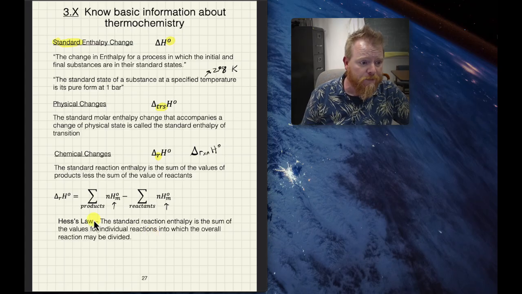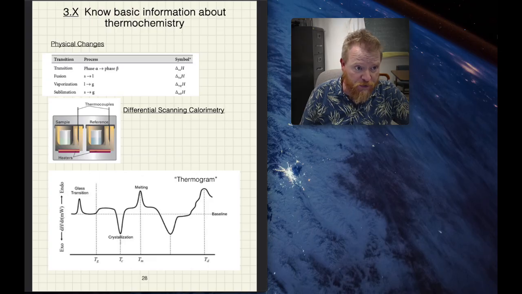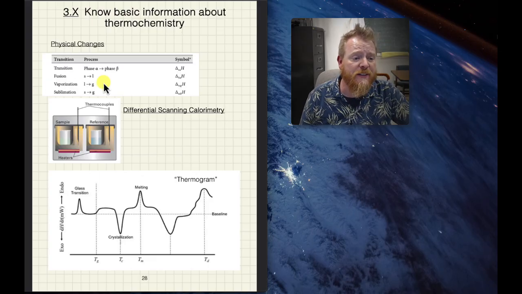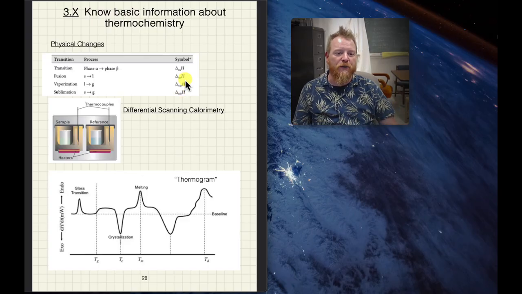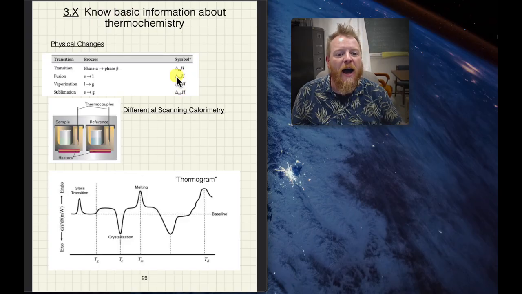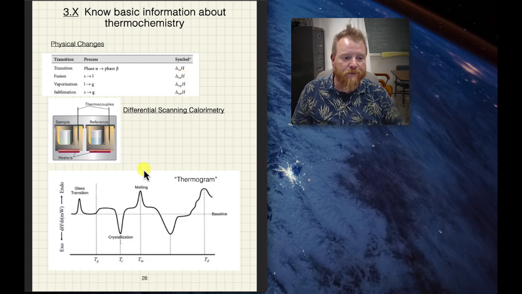Okay, so let's talk about the enthalpy of physical changes. Just our basic phase transitions here: fusion, vaporization, sublimation, just to name a few examples. I know that those are impossibly small on your screen, but that says fuse for fusion, vap for vaporization, and sub for sublimation.